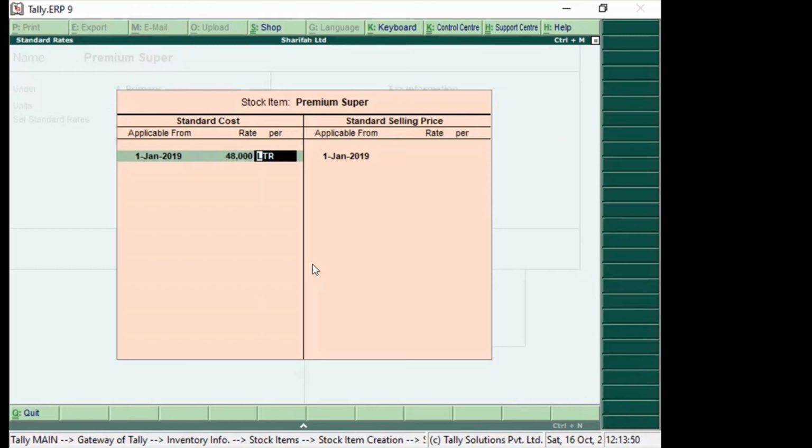Per liter. The liter will come there automatically because you entered them. Enter again. The selling price. Selling price is how much? 75,000. So we are putting 75,000 per liter.